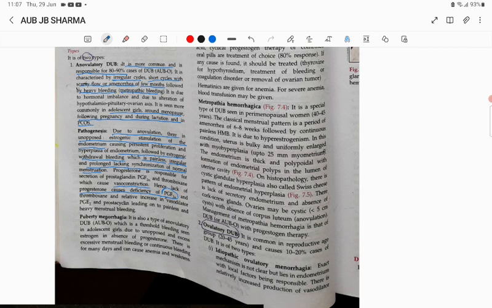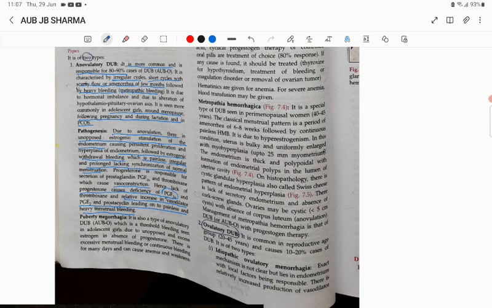Hence there is a relative increase in the vasodilators PGE2 and prostacyclin, leading to painless and heavy menstrual bleeding. Because of no vasoconstriction there is excess bleeding, and because of no progesterone there is no pain.